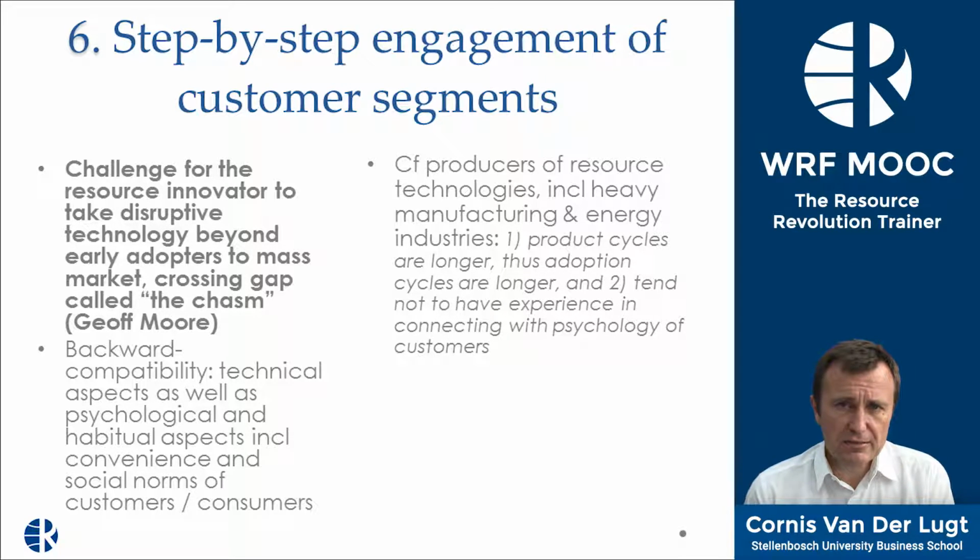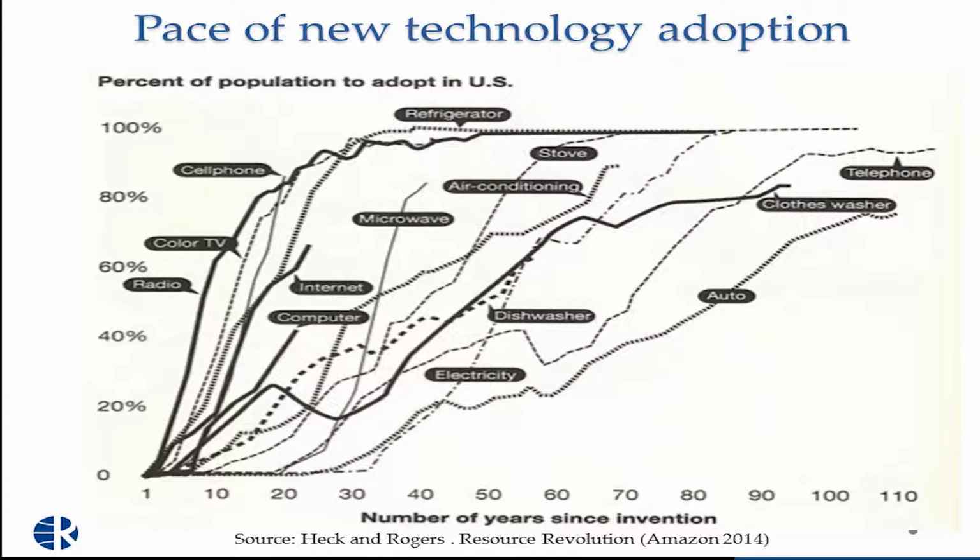Now on the next slide for you to consider, we have a graphic that illustrates the time it took for consumers to take up new technologies in the US market. The pace of new technology adoption in the USA historically. New products in the domain of ICT, mobile phones, computer technologies, etc. have been taken up by the mass market at a much faster pace, as is evident from this graphic.